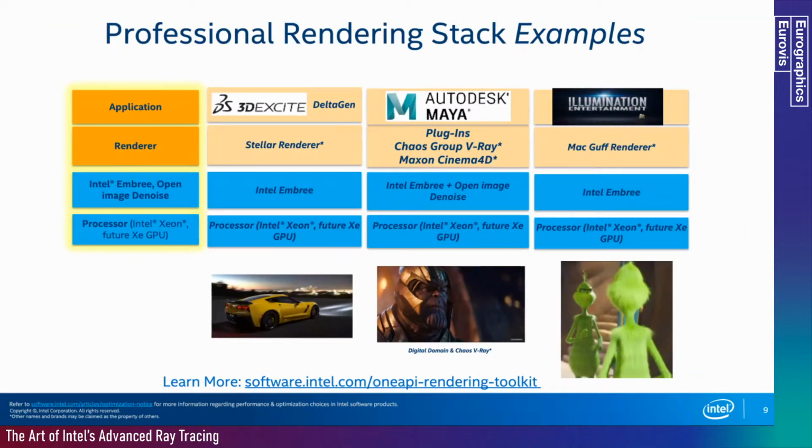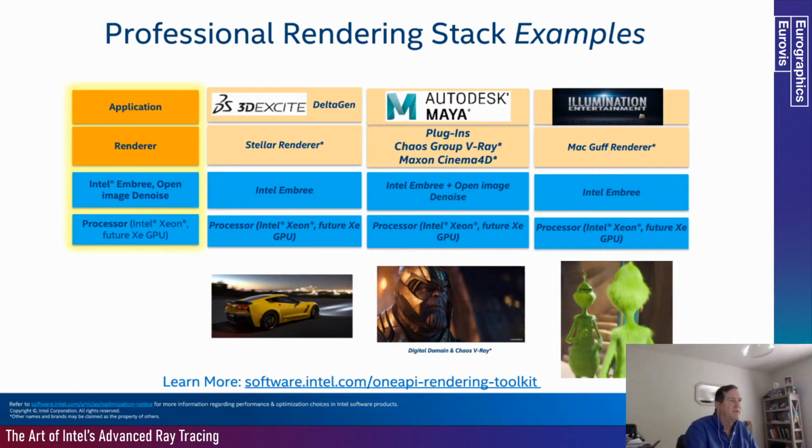Real quick, the types of usage that people can do in professional rendering. They're using Embree and Open Image Denoise today, and there are several in-process developments adding Open Volume Kernel Library.